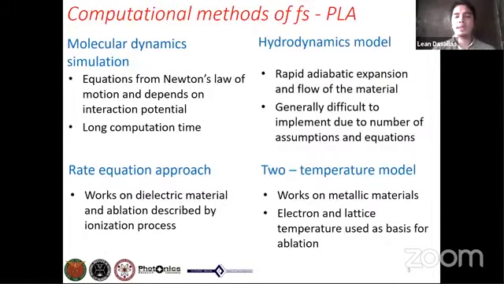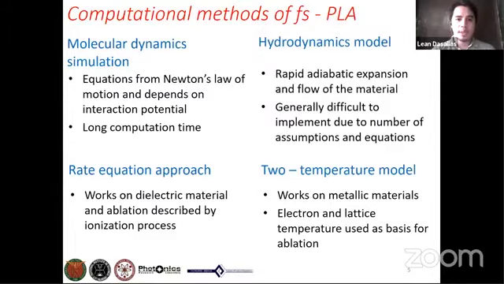Now, investigating pulse laser ablation is a very active work now, and there have been many approaches to study it, especially when we use femtosecond pulse laser to provide the excitation. We have the molecular dynamics, hydrodynamics, rate equation, and two temperature model.